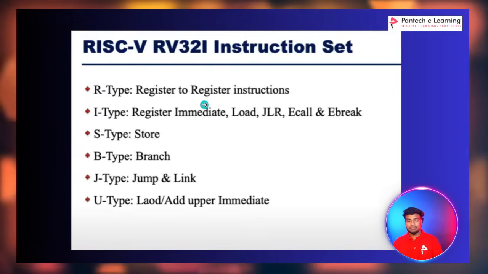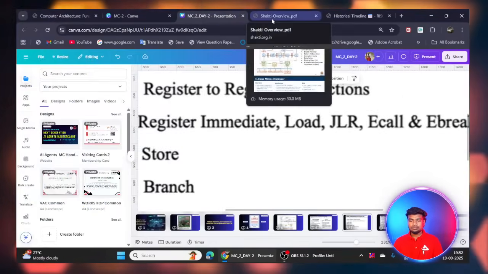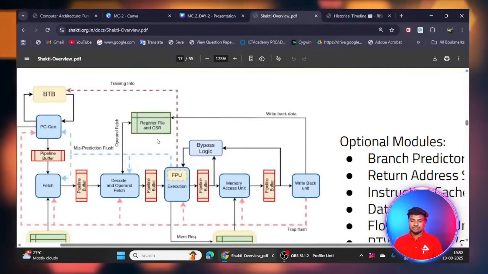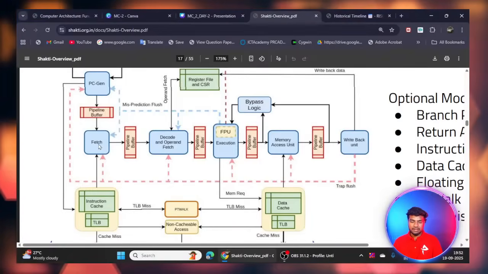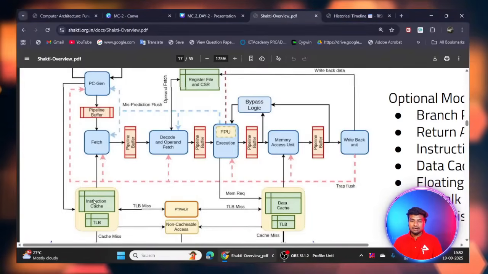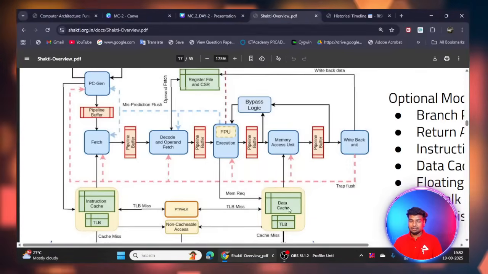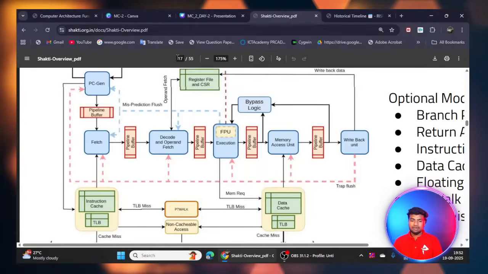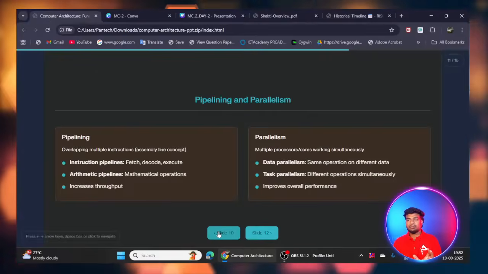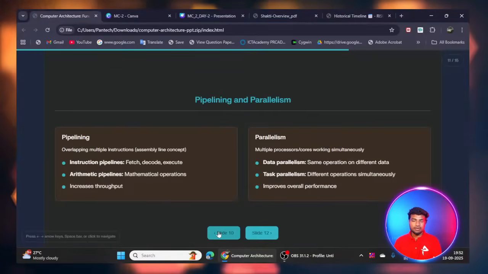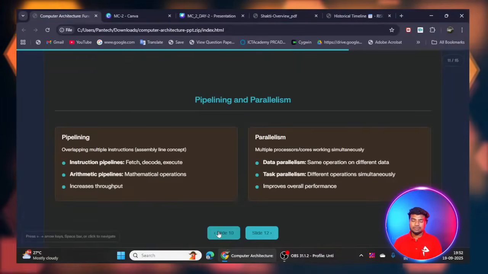So pipelining, I missed that. Pipelining means, here you can see, in one program counter, it will fetch from the instruction cache, and it will also fetch data from the data cache, and store to the data cache. The main difference of pipelining is that while it is doing one operation, at the same time it will do another operation, like an overlap.